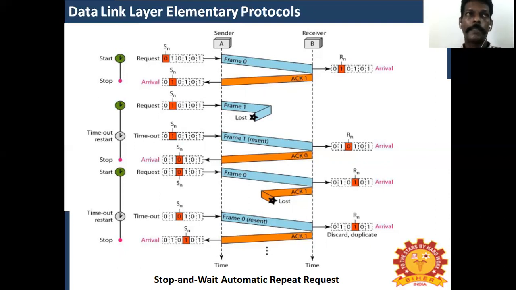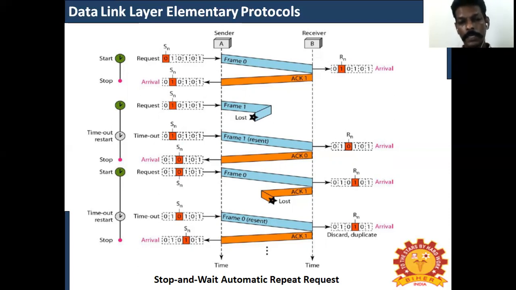Next, after receiving acknowledgement 0, the sender machine sends the next frame. First one is frame 0, next one is frame 1, and next, frame 0 has been sent.